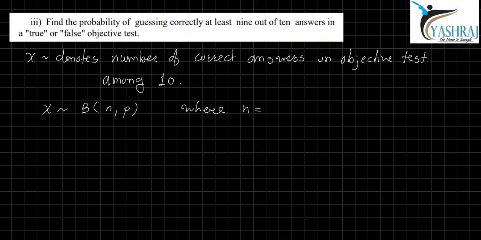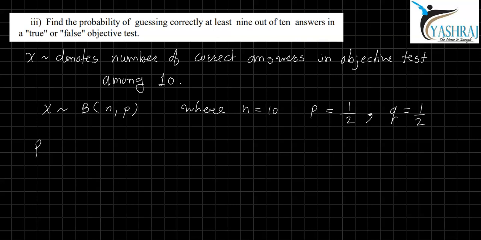And p equals, so getting a true or false. So there are exactly 2 outcomes we have. So probability of success becomes a half and probability of failure becomes again a half. Okay. So we have to find here at least 9 out of 10.